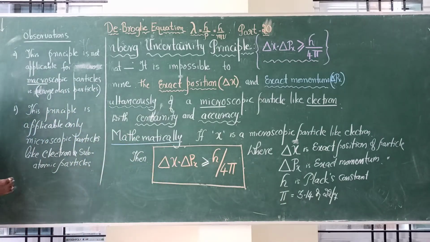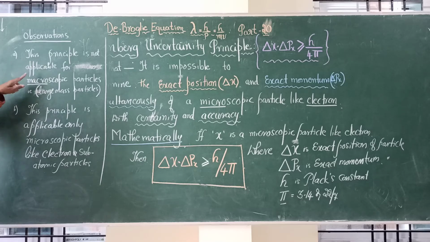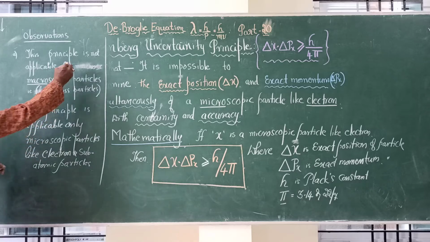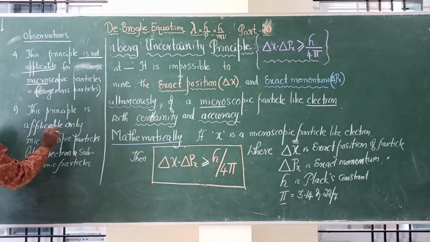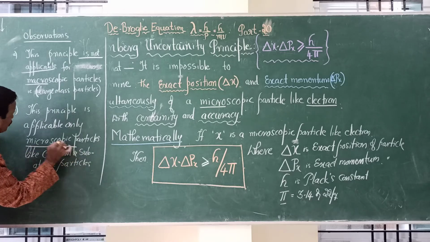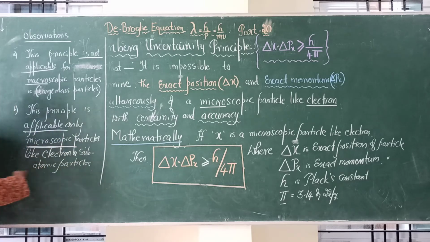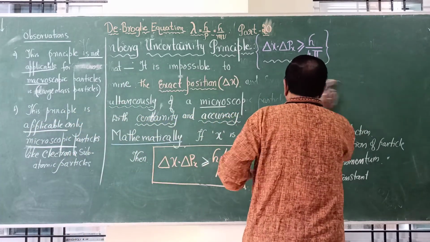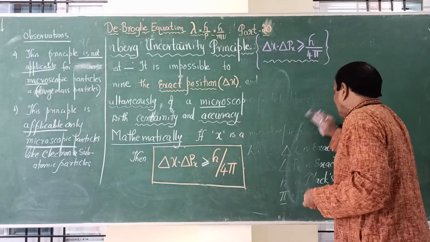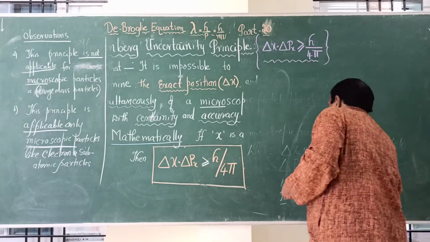And the third point, I think it's more than sufficient for you. It's not applicable for macroscopic, but applicable only for microscopic particles like atoms. Another form of this uncertainty principle can be written this way.